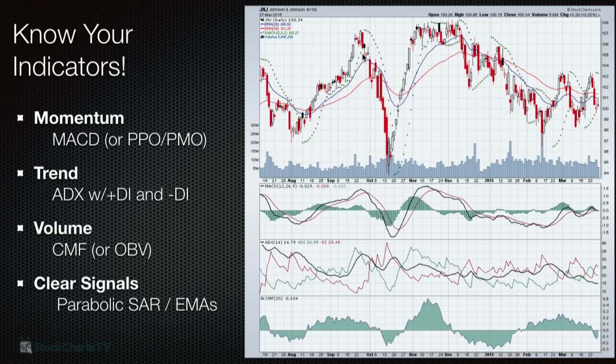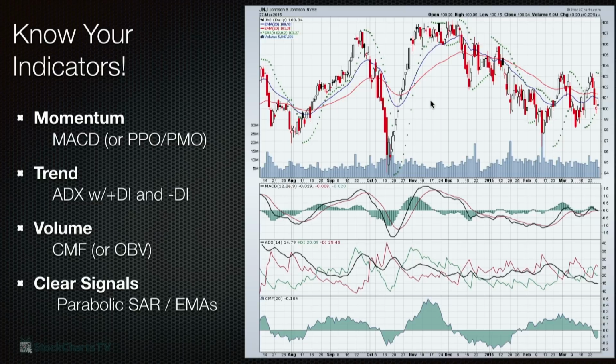The most important thing, though, is are the dots below the bars or above the bars? When they switch from being below to being above, that's a signal. That's a parabolic SAR signal. It's a very, very clear signal, and it's pretty visual. So again, studying this and getting a sense of this would help you.